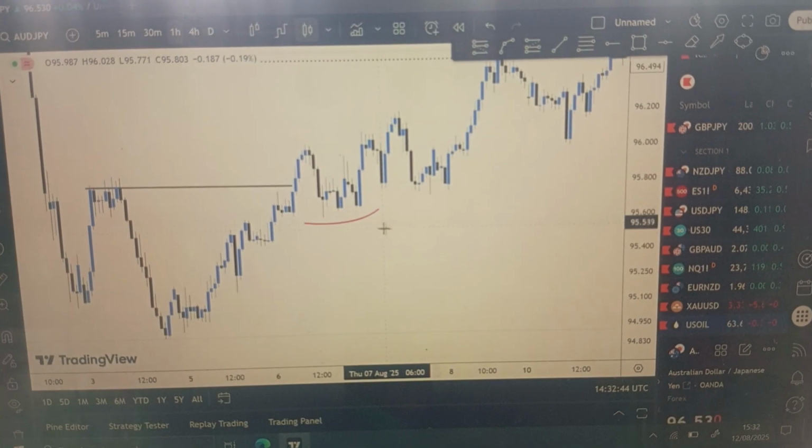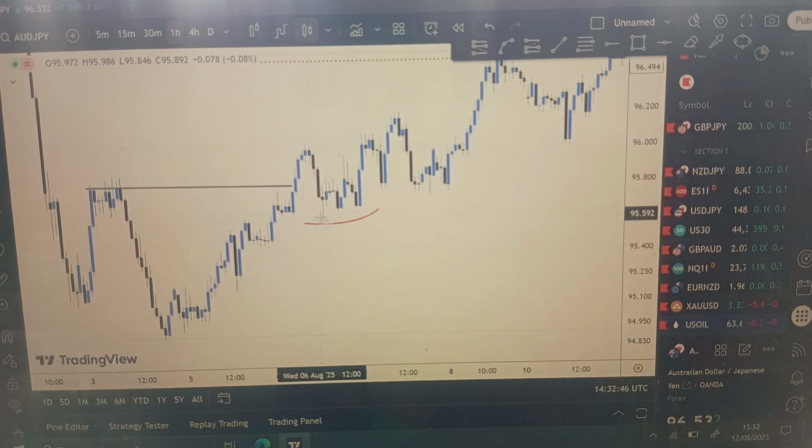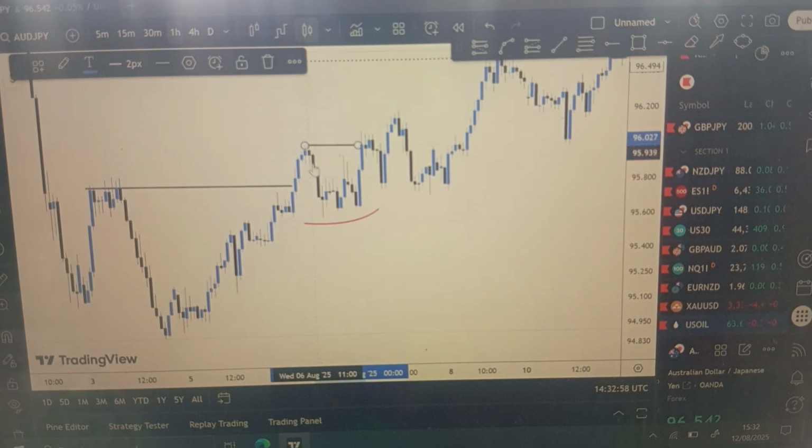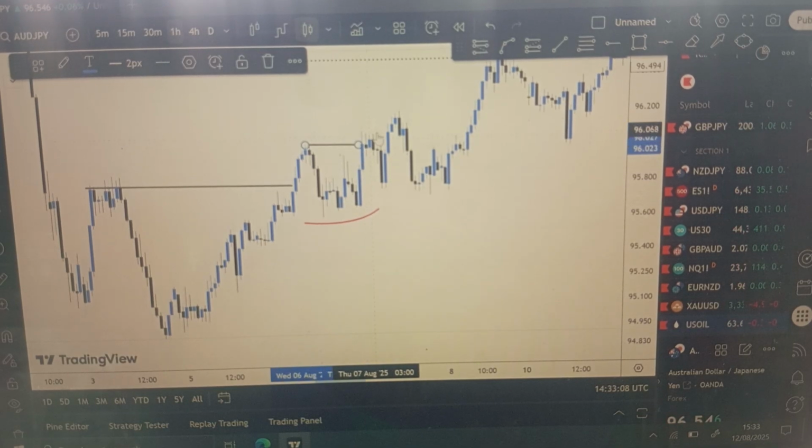At this point, the market has taken off bullish. So this is a high also on the 1 hour time frame. The market pulled back, and it came and swept this high too.